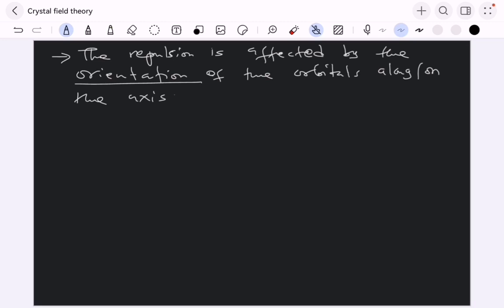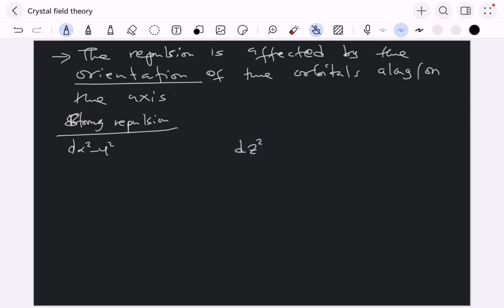So this repulsion is as a result of the orientation. When we look at those that will experience a strong repulsion, here we're referring to the dx squared y squared, and the dz squared.